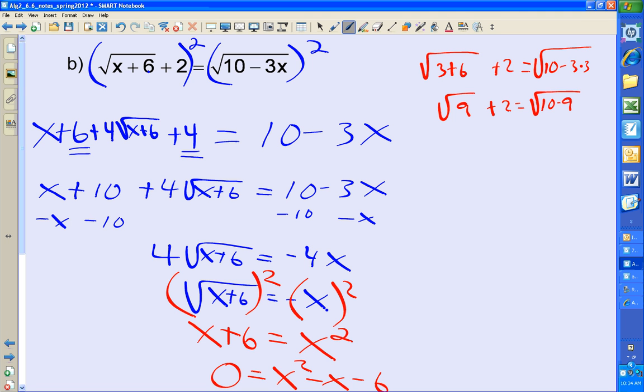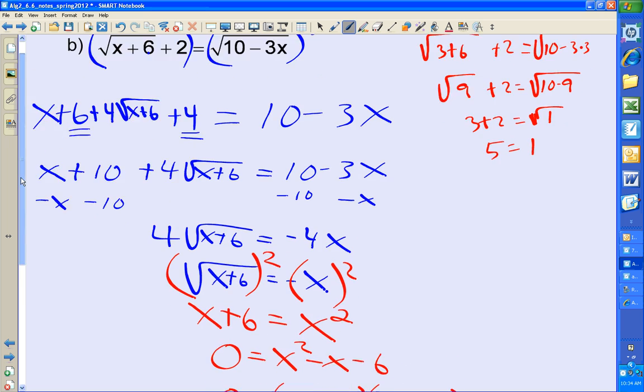So we're going to get 3 plus 2 is equal to the square root of 1. 5 is equal to 1. True or false? Usually false. So that means 3 is not going to work.